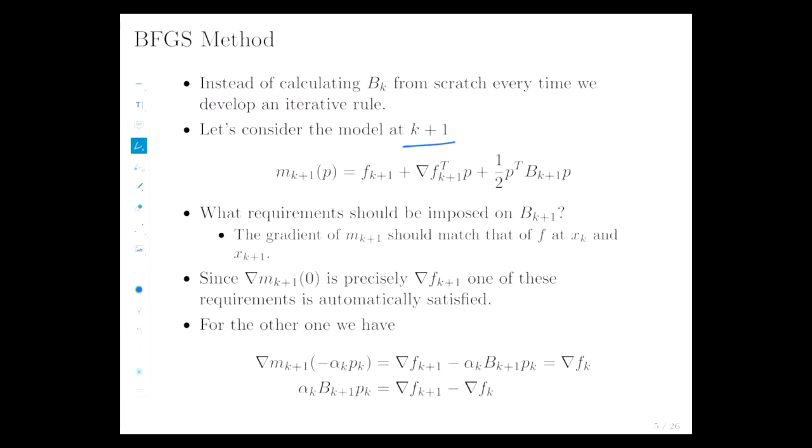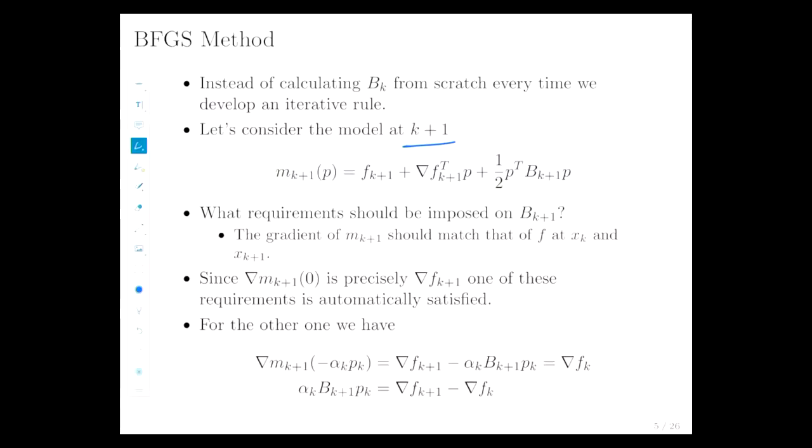So what we really want to see is that the local approximation gives us the same gradient behavior in consecutive steps. So we want the gradient of the new approximation to be the same as the gradient of f at point xk and xk plus 1.